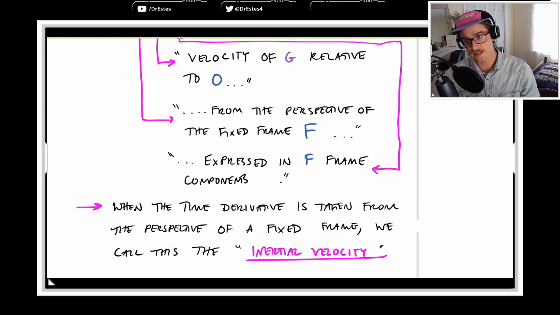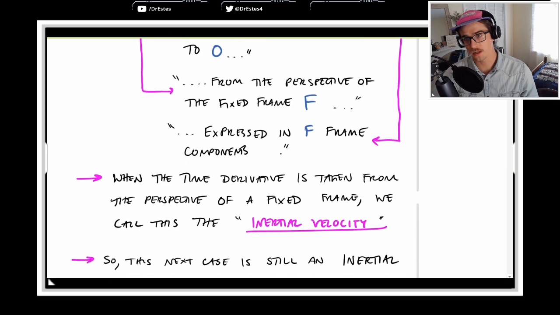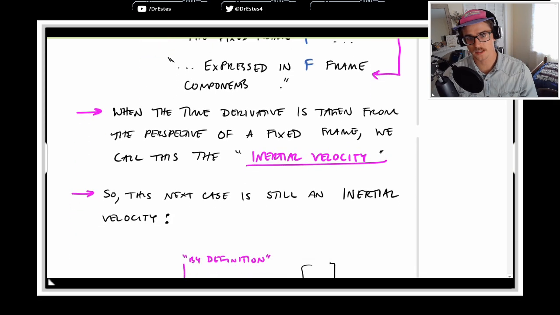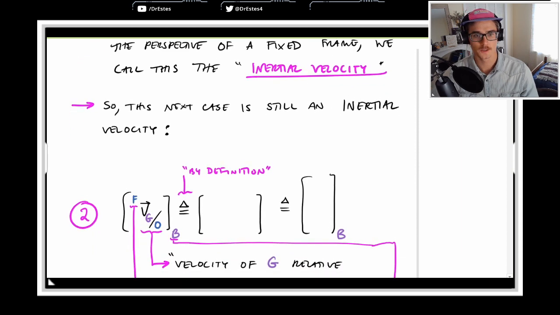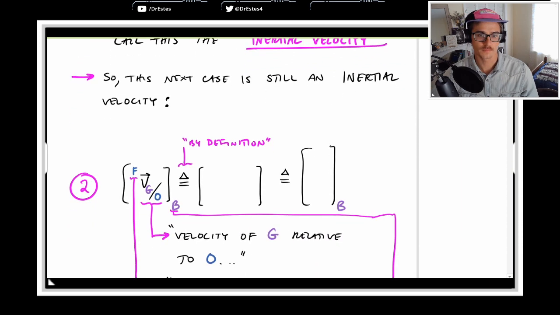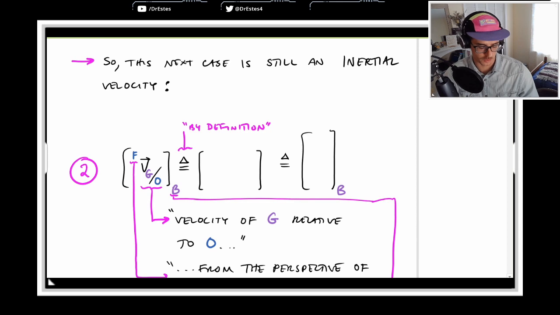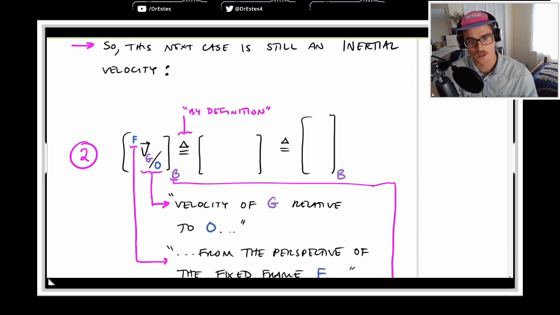And so case 2 below, this is still going to be an inertial velocity, but let's see if you can tell the difference. Okay, so this is case 2. See if you can recognize the difference. Reading these, the velocity of G with respect to O hasn't changed.